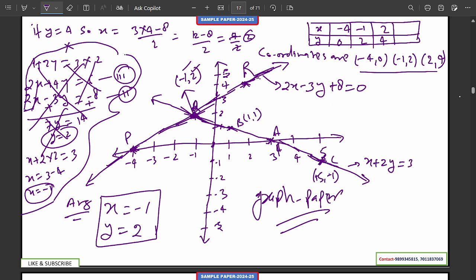The first value is the x value and the second value is the y value. Because of that, the first value is called abscissa, and the second value is called the ordinate. This method is called the graphical method for solving two linear equations.